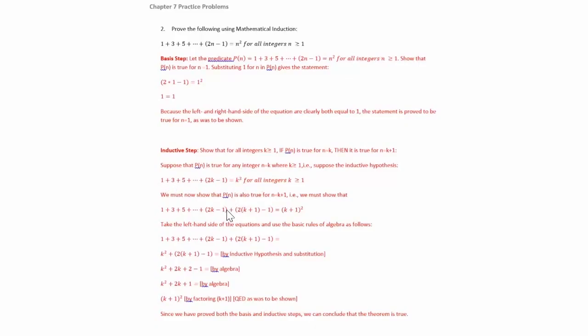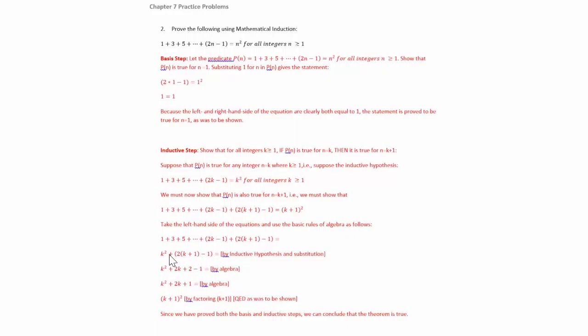So I can take this whole expression and replace it with k squared, by substitution. Then whatever is left on the left-hand side of the equation, this 2 times k plus 1 minus 1, I'm going to replace that and put that down here, and then minus 1.